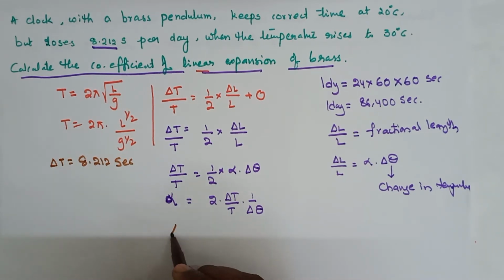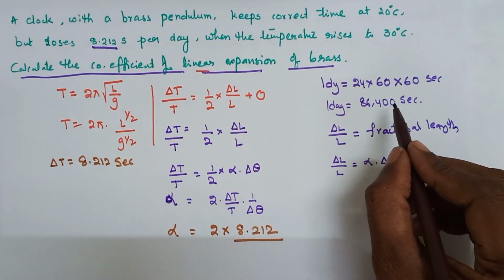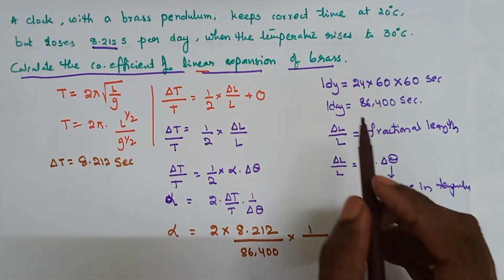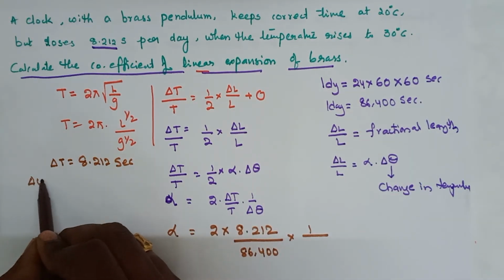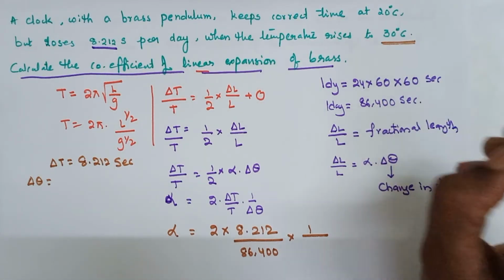Now substitute for alpha. For the calculation of alpha, we will write all the values. 8.212 by the time, 86,400, by the change in temperature. What is the change in temperature? Delta theta is equal to final temperature minus initial temperature. Final temperature is 30 degrees Celsius.